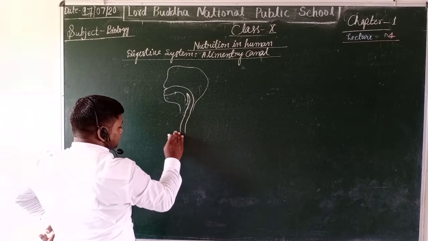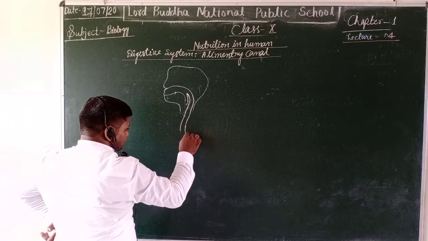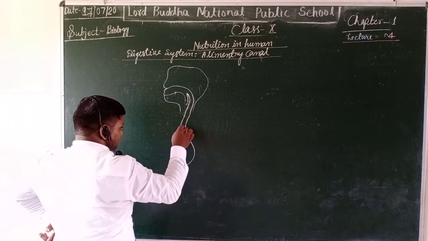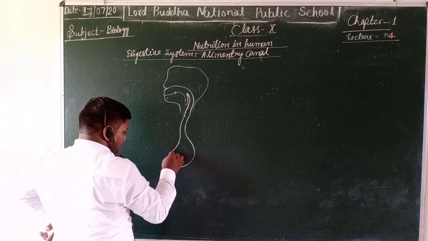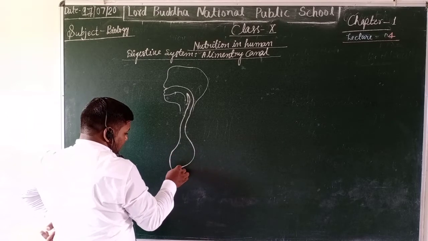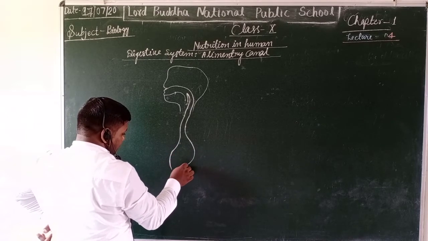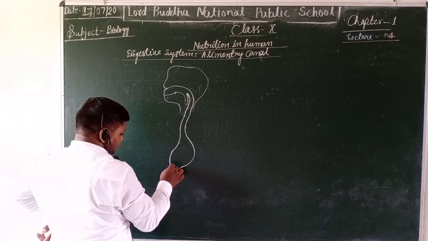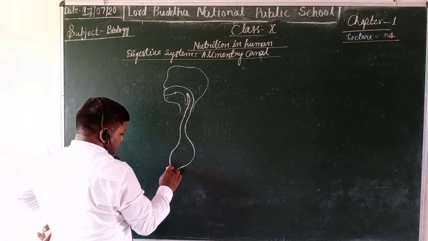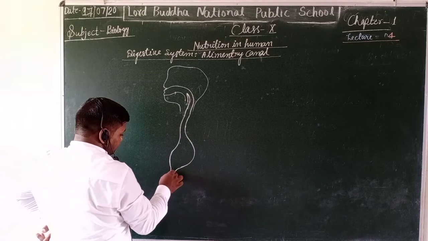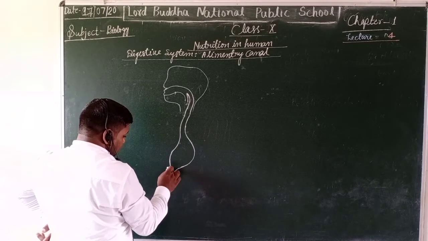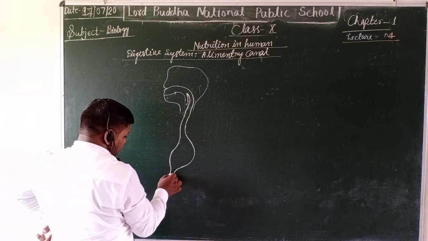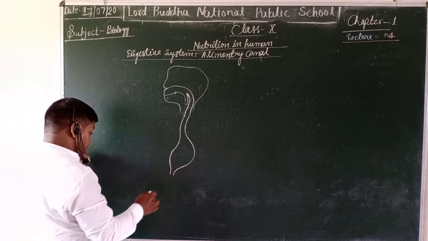Esophagus, stomach, it is somewhat a J-shaped, English letter J-shaped structure, and its pyloric part ends with the sphincter muscles.